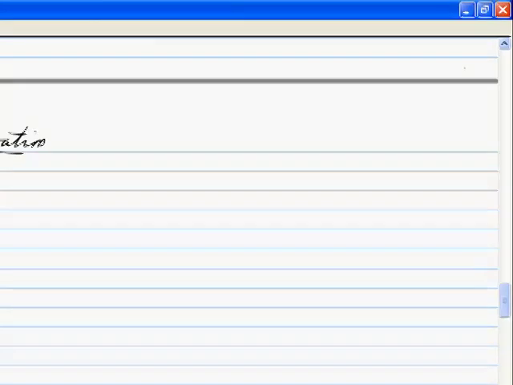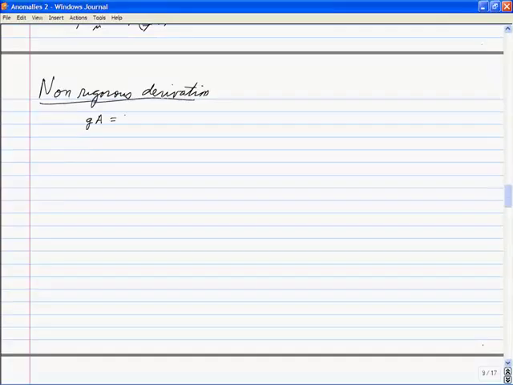Here's an observation that's often used. If I let gA equal some A prime, so I just absorb the coupling constant into my definition of A, then D slash on psi is d mu plus i lambda A over 2.